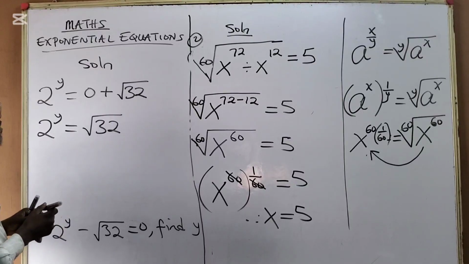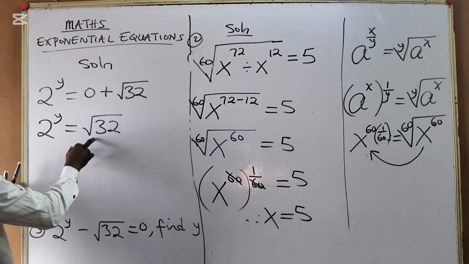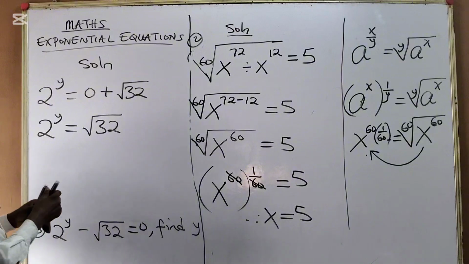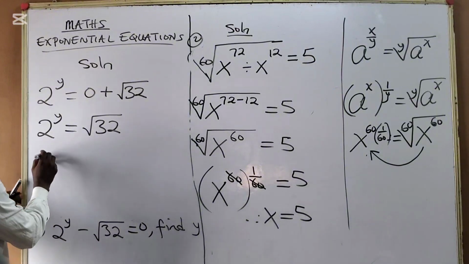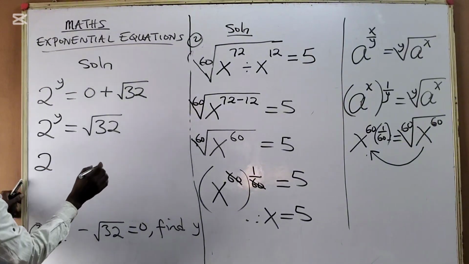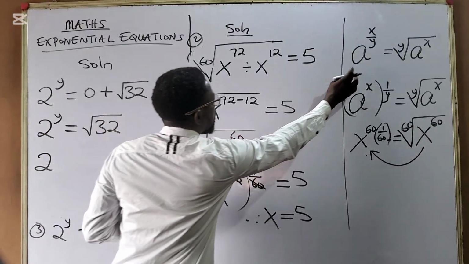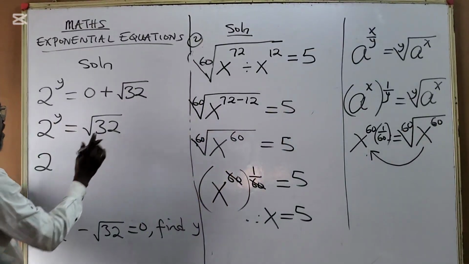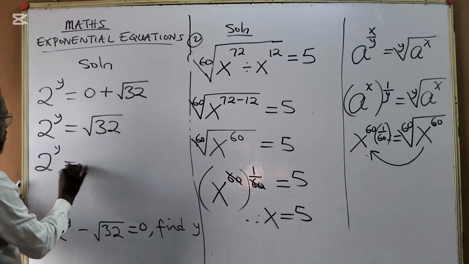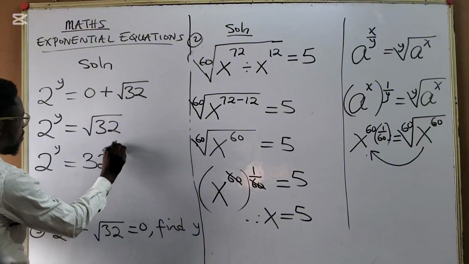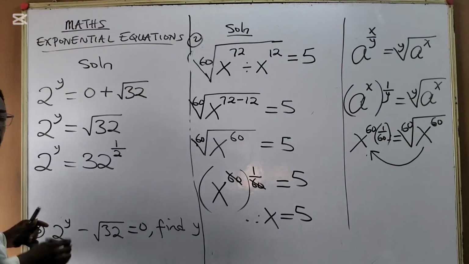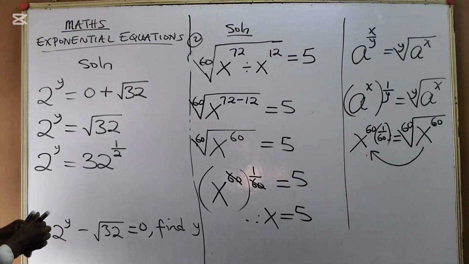What I'll do from here is, I can write this as 32 raised to the power half, based on the rule we did there, and use that rule to evaluate this. So this becomes 32 raised to the power 1 over 2.